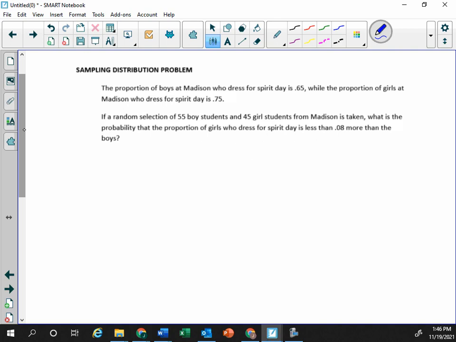Let's go through the steps. We need to define the two populations. So I'm going to say P sub G is the proportion, and you can abbreviate, of JMHS girls that dress up for Spirit Days.